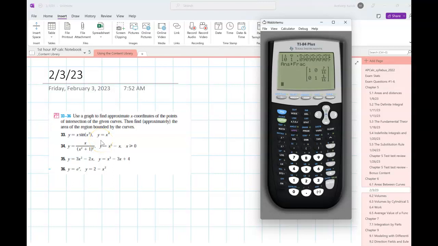So it's going to be an approximation anyways, whether you do the integral on your calculator or by hand. So let's just start by finding those points of intersection, because this is not one that I would want to try to do by hand, and it probably is not possible to set x times sine of x squared equal to x to the fourth and get anything out of that.